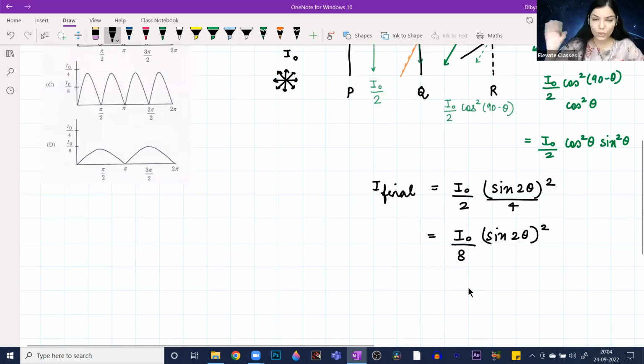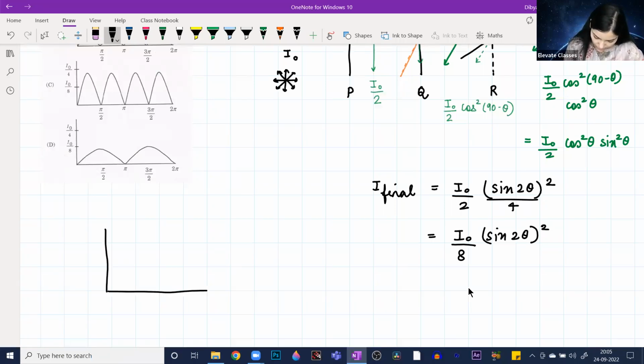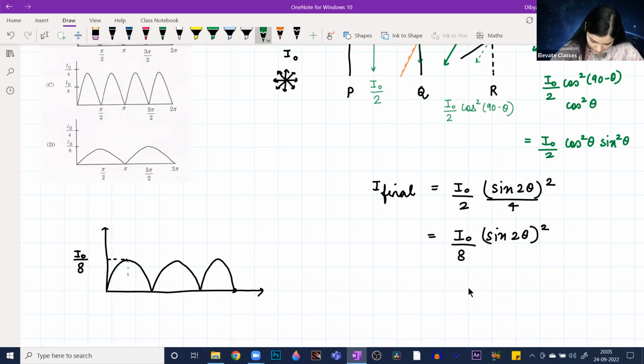And because I'm doing sine square, I know that I will get a sinusoidal graph. I can think that I will get a graph like this, in which the maximum intensity will be I naught by 8. But I need to find out where I will get maximum here, at which point I'll get maximum and at which point I will get minimum.